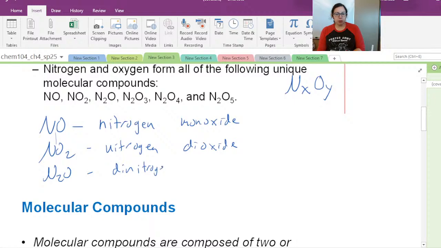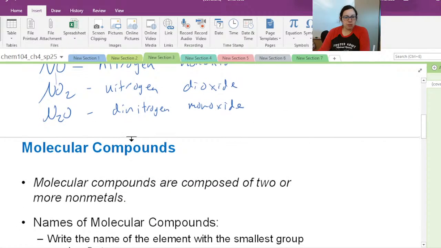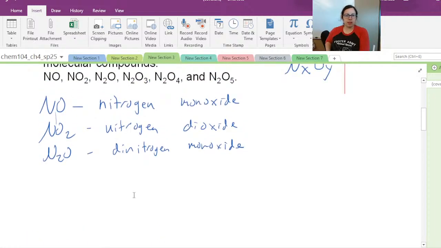So now we do need a prefix, so dinitrogen, and then monoxide. And so we can keep going. Let's finish out these. So N2O3, dinitrogen trioxide.